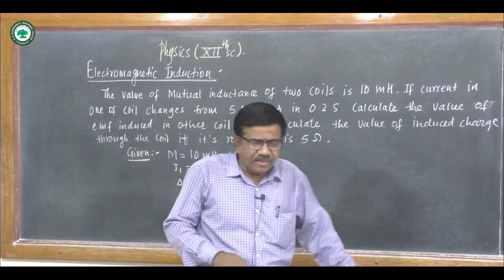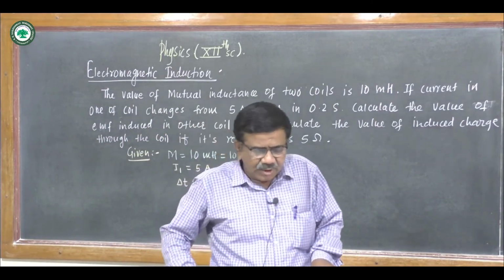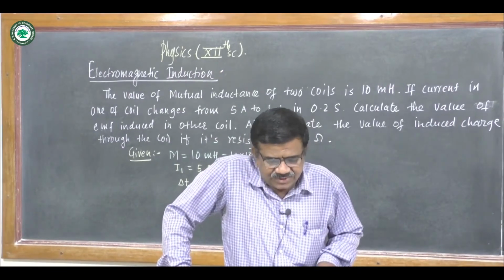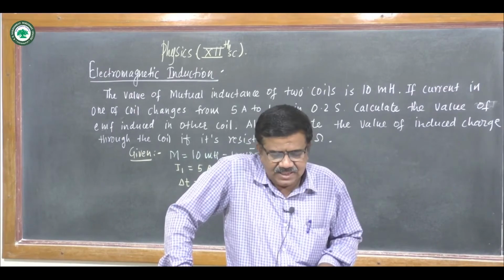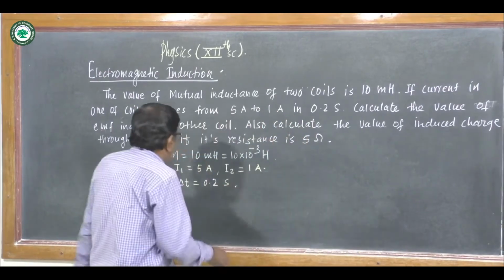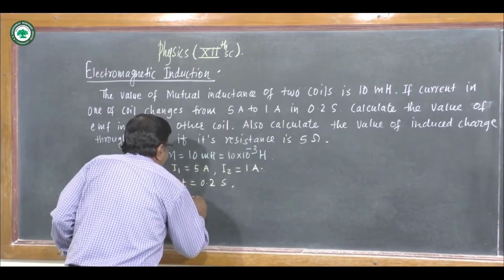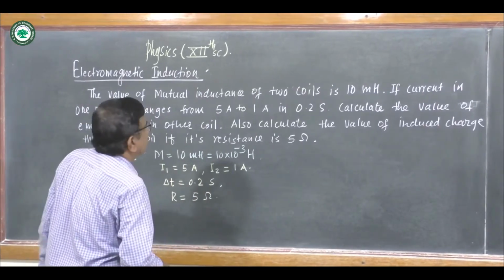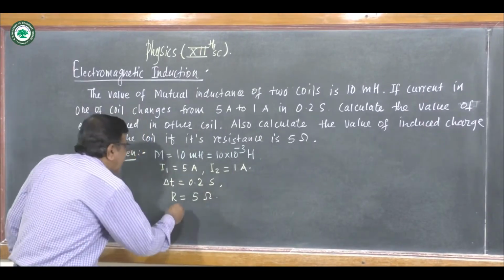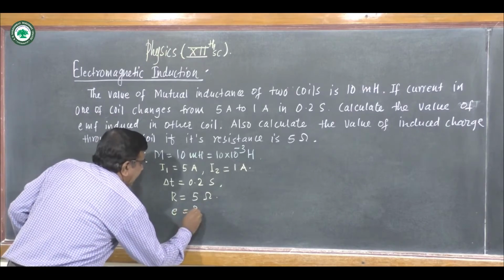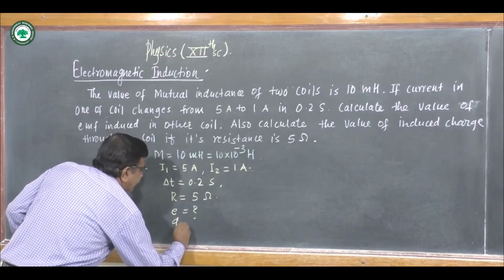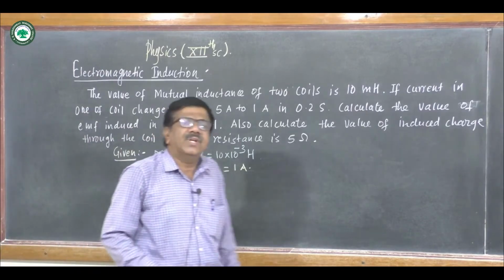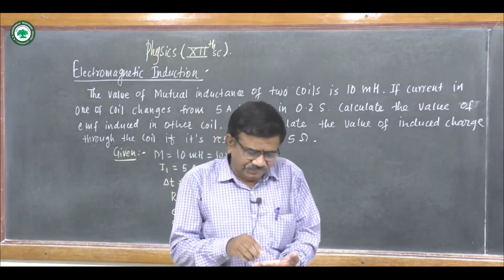Resistance R is 5 ohm. We have to find the value of induced EMF, that is E, and also induced charge, we denote it as Q.